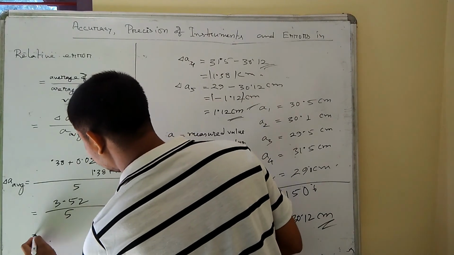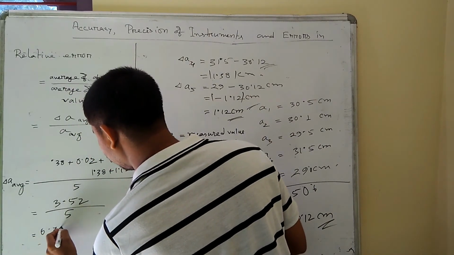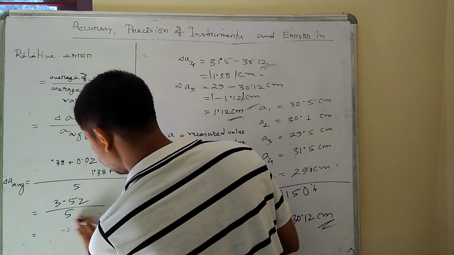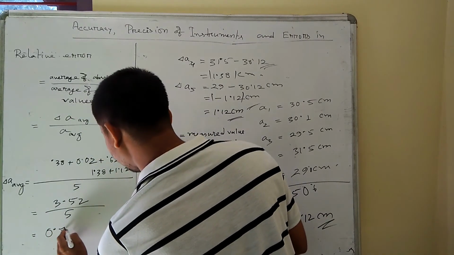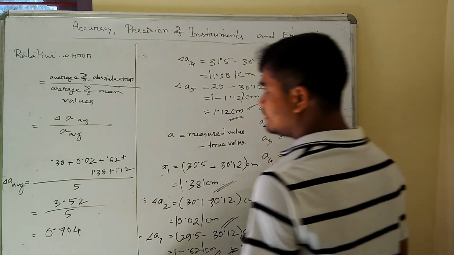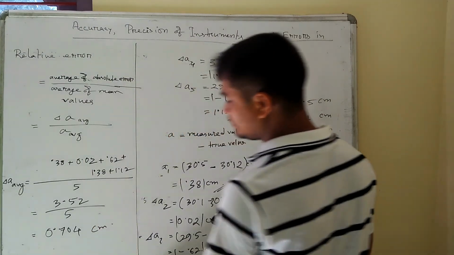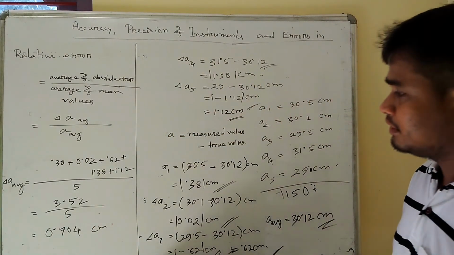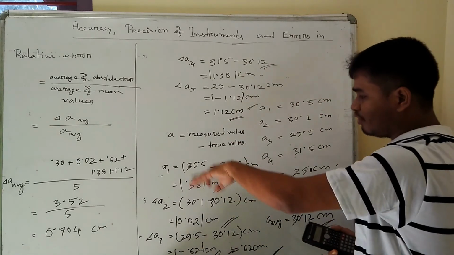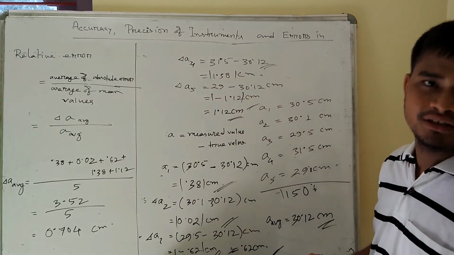Its value is 0.704 centimeter. Clear? This is delta A average, the average of these absolute errors.